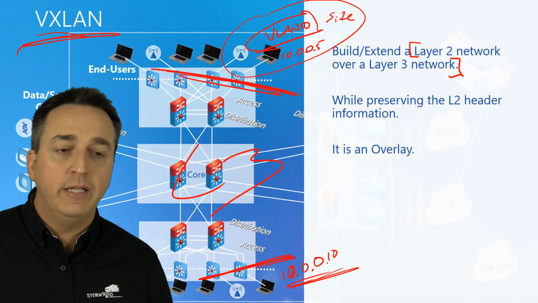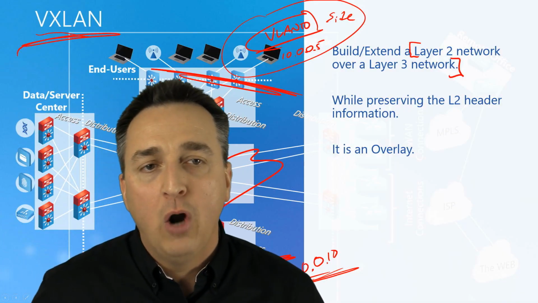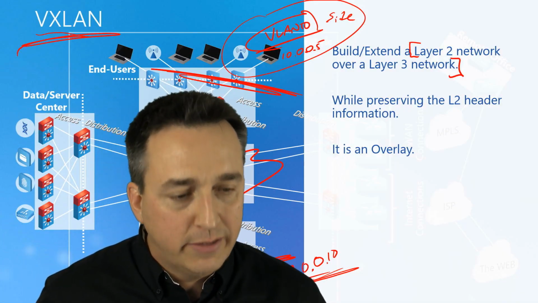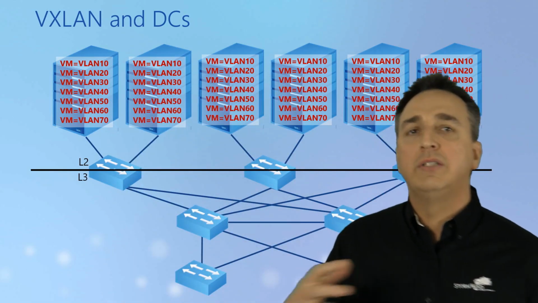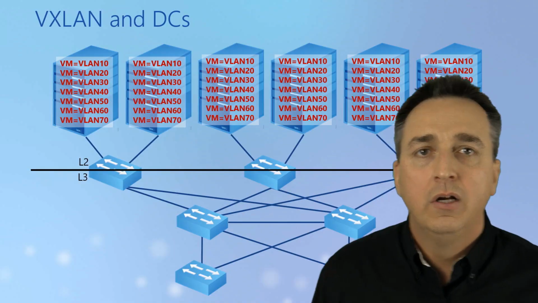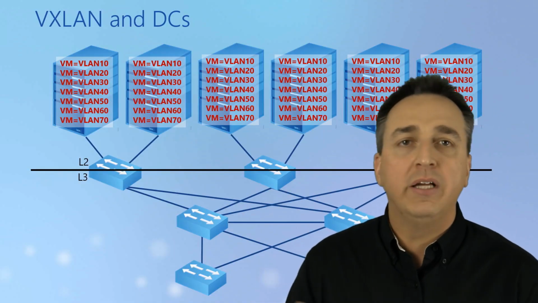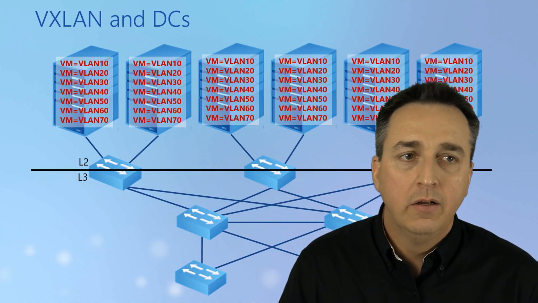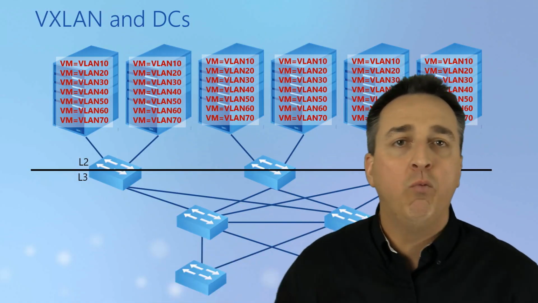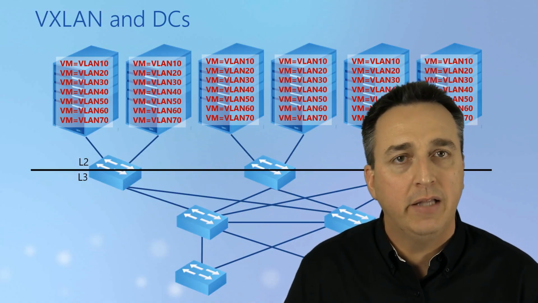All right, there's a lot more to these, though, because VXLAN was originally introduced to solve problems in our data centers. And what were the problems with our data centers? They're getting too big. And how is somebody like AWS or Azure or Google Cloud going to support the billions and billions of servers they have running and put them wherever they want, but still have them in the same subnet, still have them within the same VLAN?